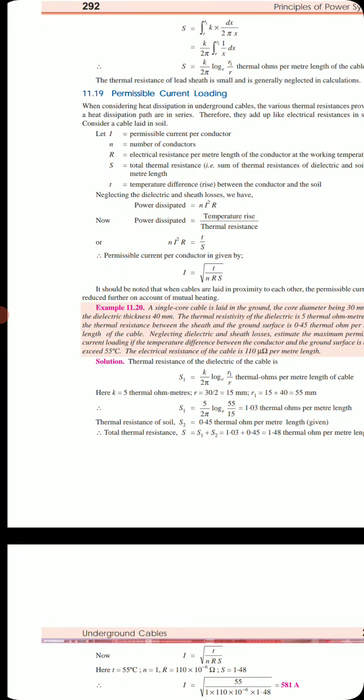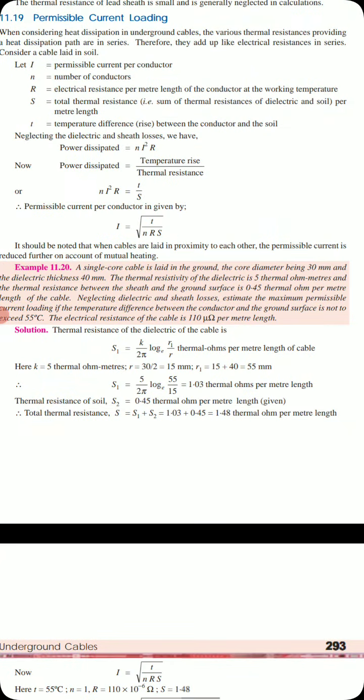We will go for solving the problem. The thermal resistance of the dielectric of the cable, S1, is given by k by 2π natural logarithm of R1 by R. Here k is 5, given in the problem, and R is 30 by 2, because the diameter is 30, so it is 15 mm. R1: the thickness is 40, so we add 15 plus 40, that is 55 mm.